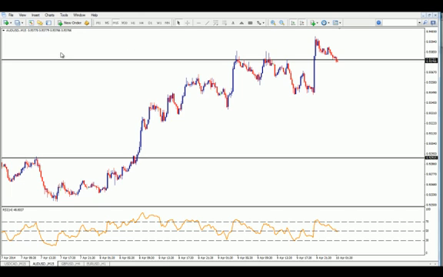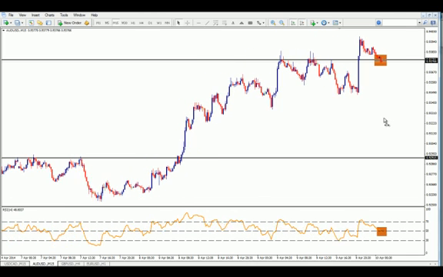Now let me just insert a rectangle so you can better see what I'm talking about. The RSI is about to take out the 50 level, and price is taking out this previous level of resistance, now support. So we have here a clear signal to buy puts on the Aussie US dollar.